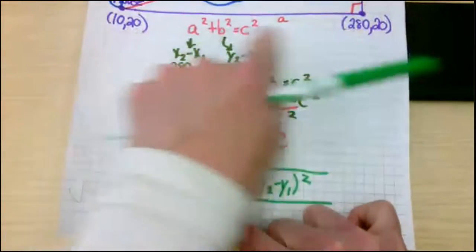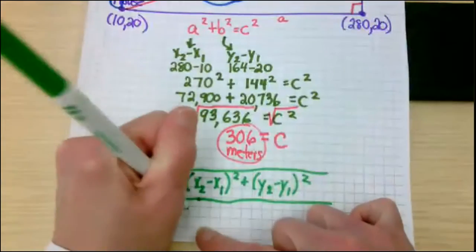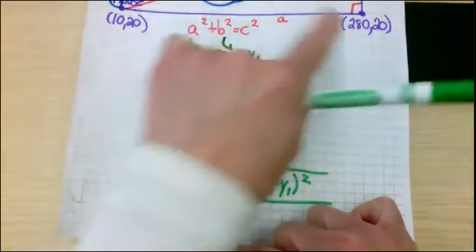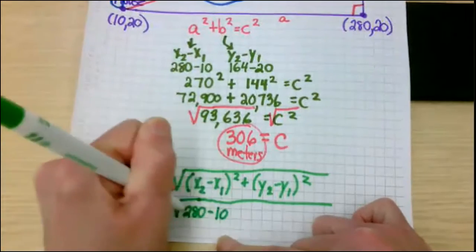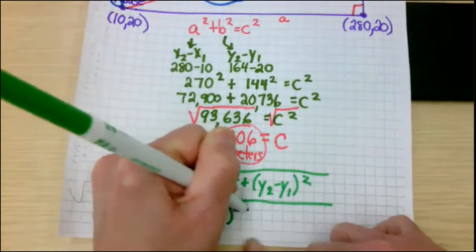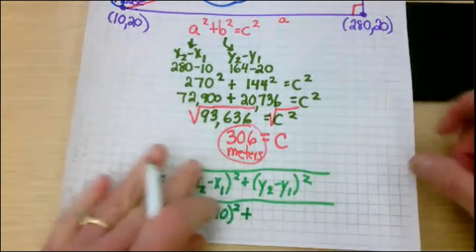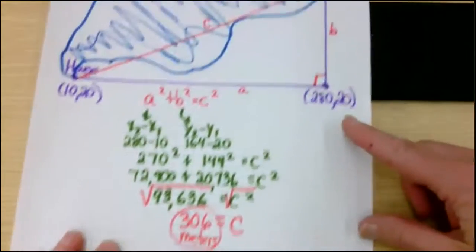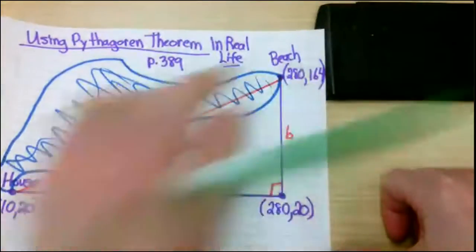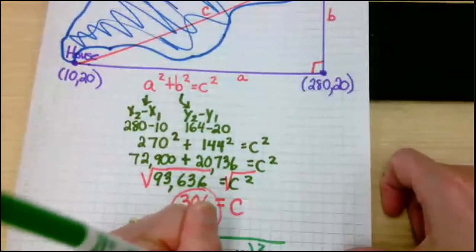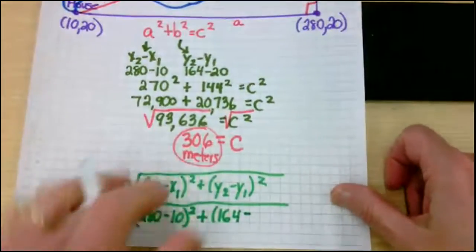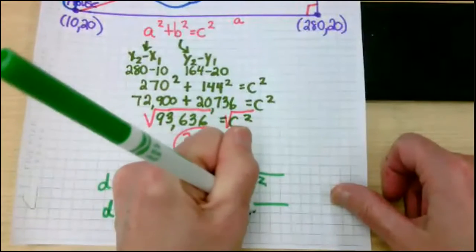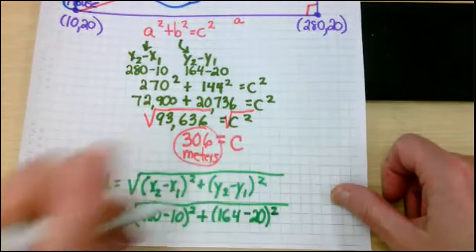Which ones are x2? 280 minus x1, 10. And we're going to square that, plus our y2, let's go up here, 164 minus y1, 20, and we're going to square it.